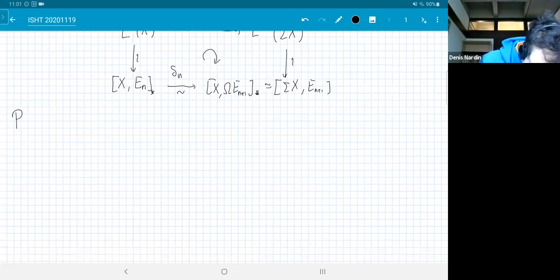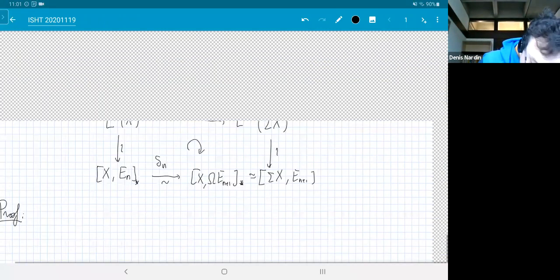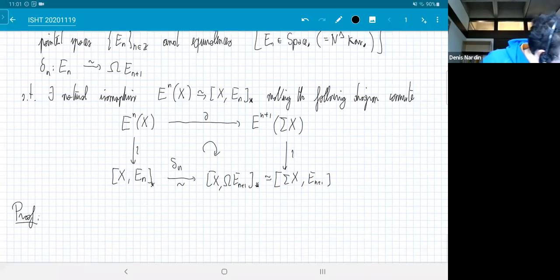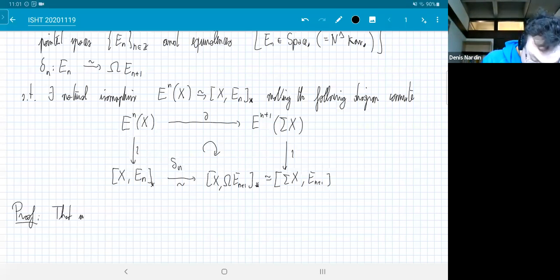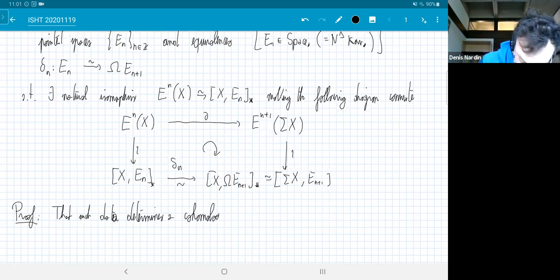Okay, one direction I am actually going to leave as an exercise. We did most of the information last semester actually, but that such data determines a cohomology theory is left as an exercise.